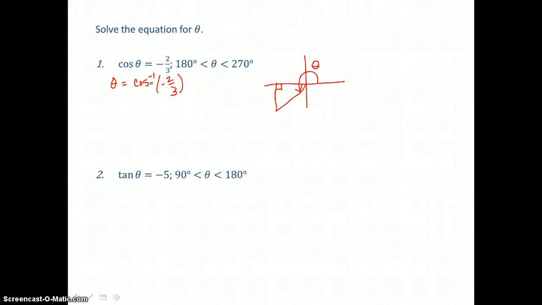And if the cosine ratio is negative, we're going to get theta whose terminal side is in the second quadrant. So what we need to find is this reference angle, theta prime, so that we can apply it to the triangle that we get in the third quadrant.